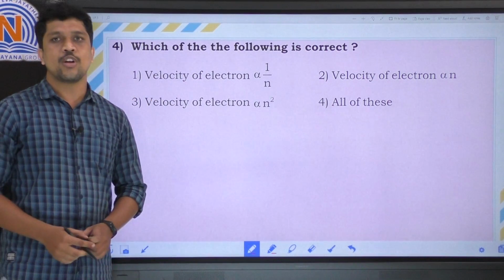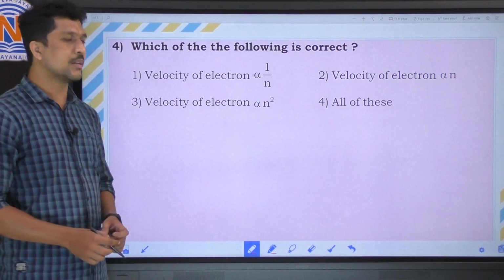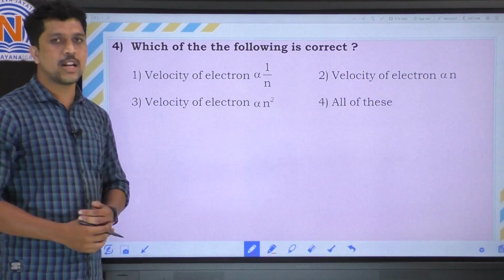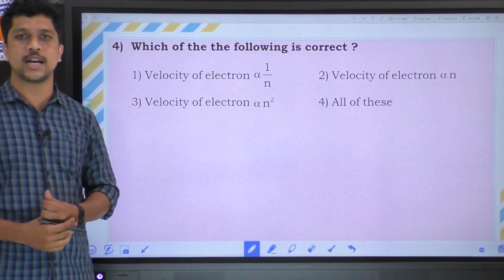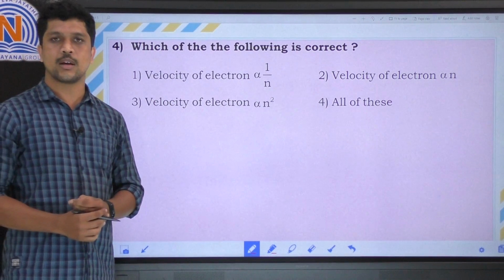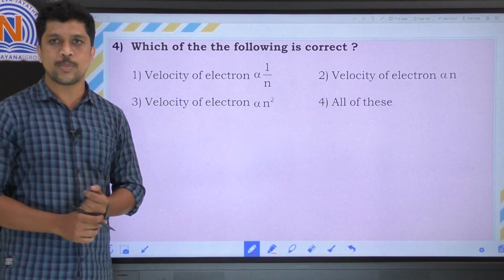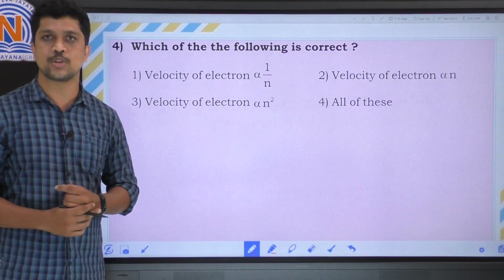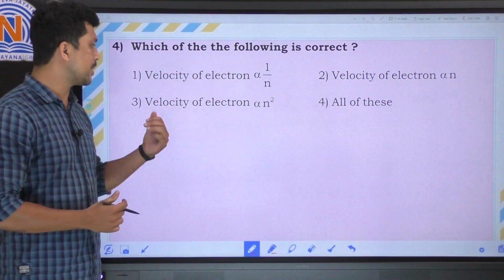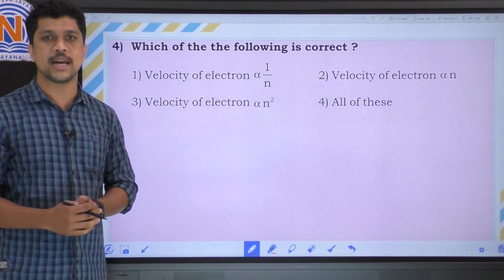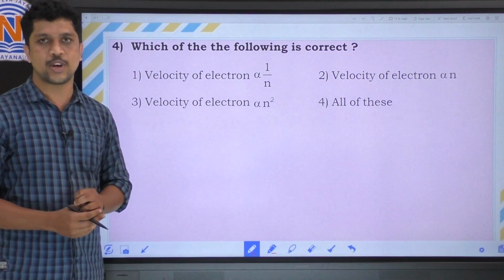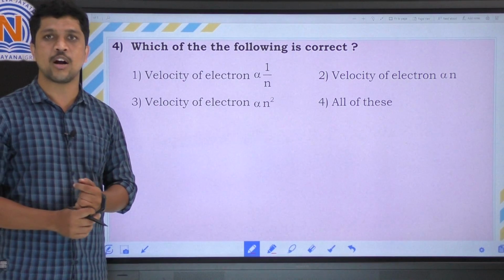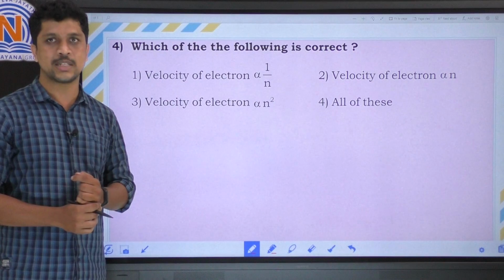Here the question, which of the following is correct? They have given different relations. The first option is velocity of an electron is always inversely proportional to orbit number. The second option is velocity of an electron directly proportional to orbit number. And the third option is velocity of an electron directly proportional to n square. So the correct relation is that the velocity of an electron is always inversely proportional to orbit number.